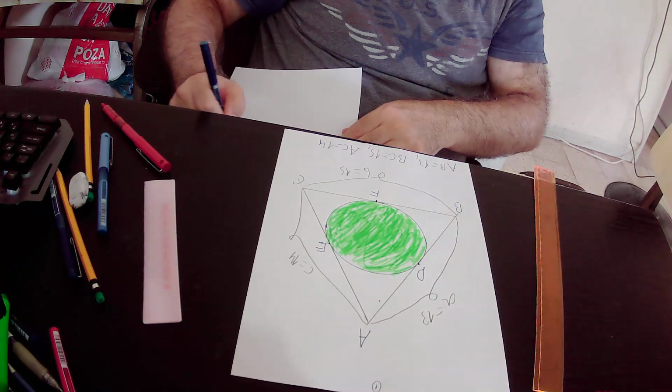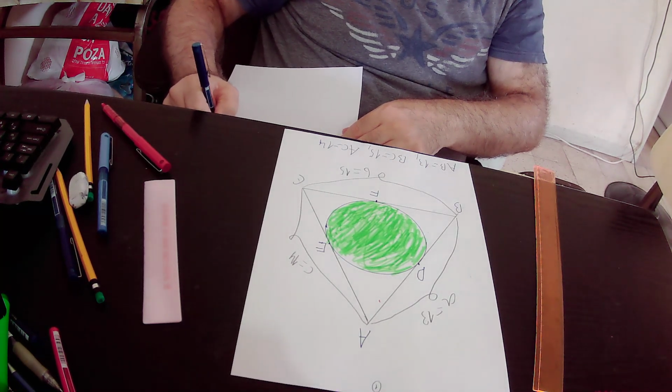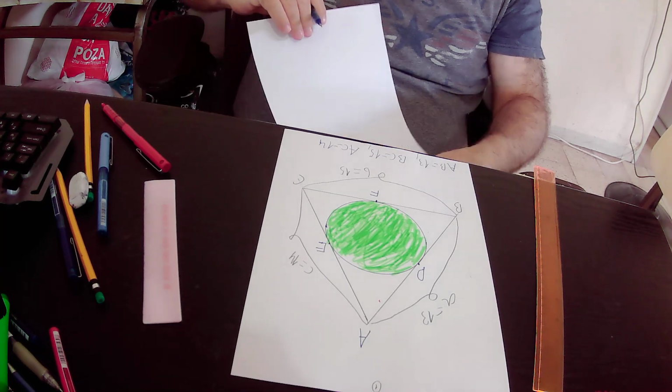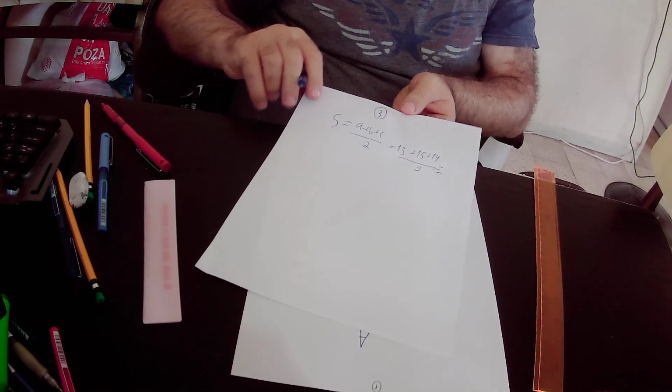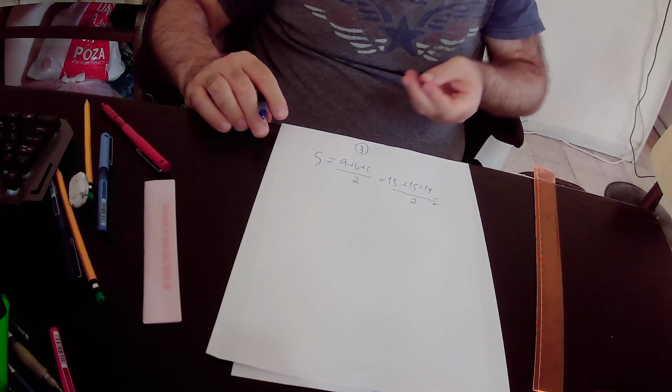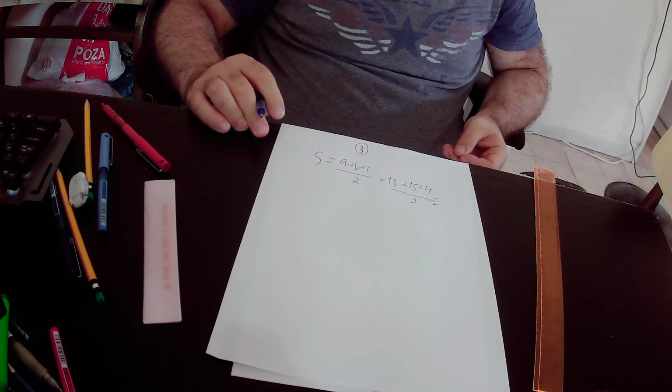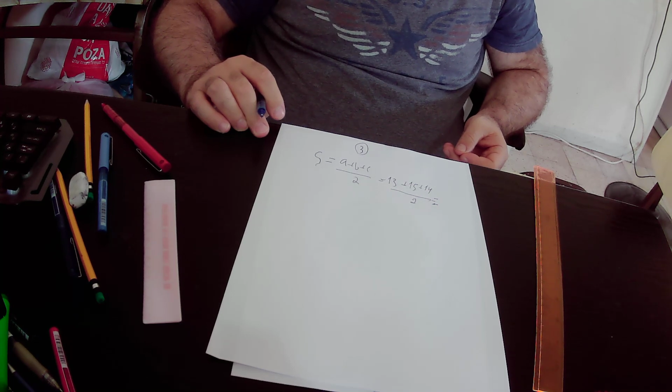So the semi-perimeter of our triangle ABC will be equal to 13 plus 15 plus 14 over 2.